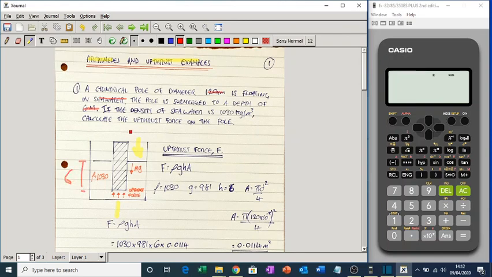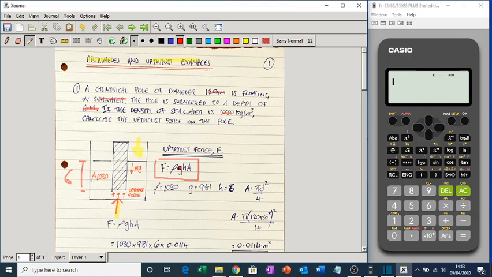Density of seawater is 1030, so we need to work out what's the upthrust on this pole, keeping this thing floating, really. So we know from previous life that the upthrust is going to be density, gravity, height, and area. We know the density, it's 1030. We know gravity is 9.81. We know the height, it's 6.